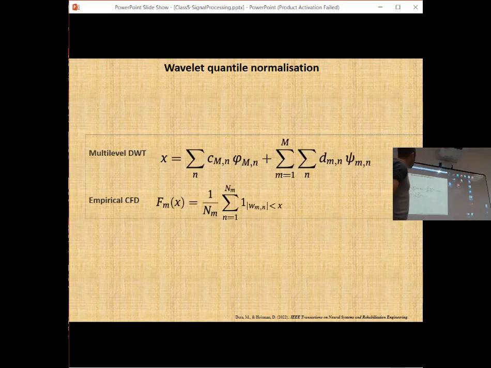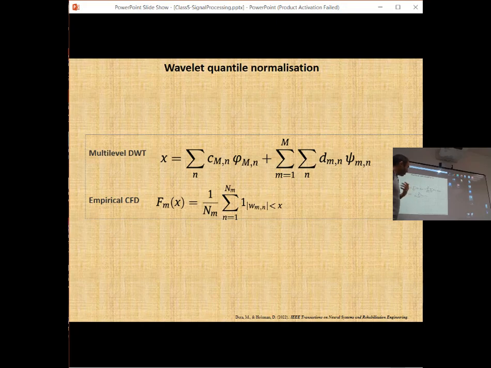Okay, so for this, you can say, I'm going to decompose the signal using the wavelet decomposition the way I explained to you. That is, there is the refinement of what happened at different frequencies, and there is the rest.